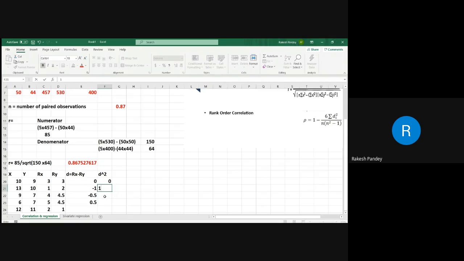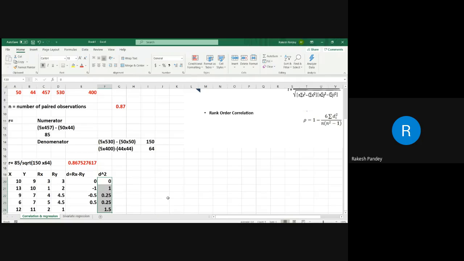So do not stress yourself. 0.5 का स्क्वायर करेंगे तो 0.25. Is it correct? 0.25. And if we sum this, the sum will be called summation D square.